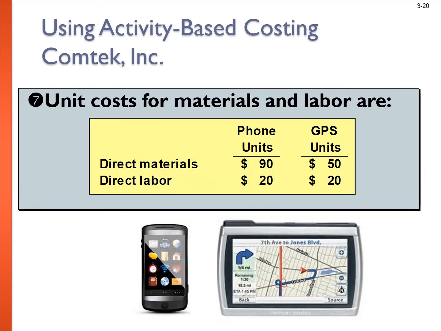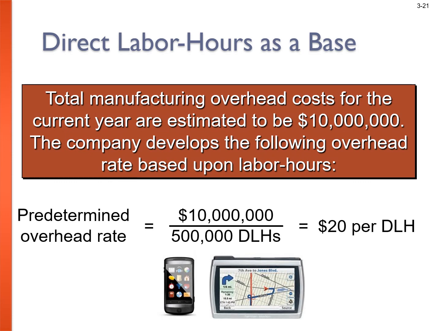Their direct materials are as listed, and this is in your book. Their total plant-wide manufacturing overhead costs for the year are $10 million, and with a total of 500,000 direct labor hours used, they're applying overhead at $20 per direct labor hour.